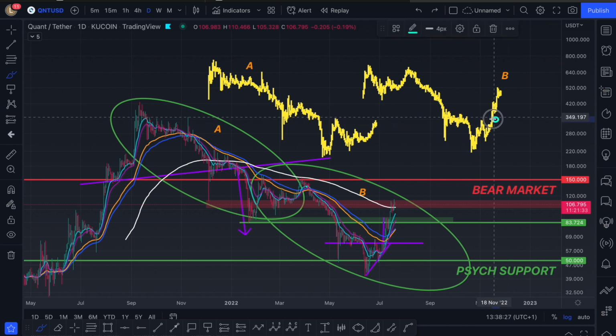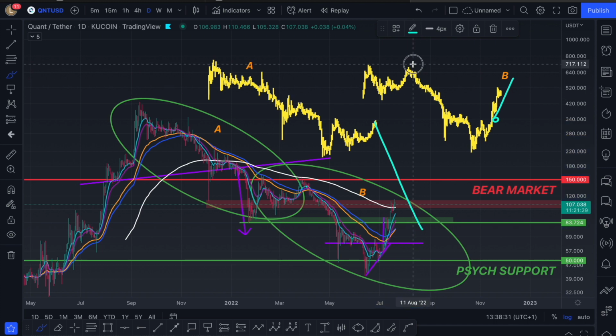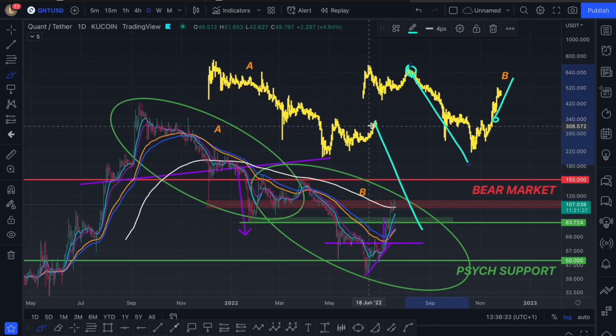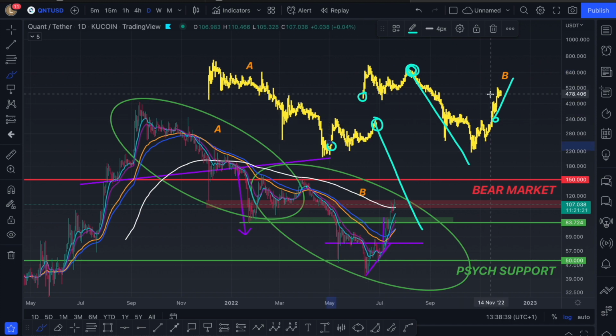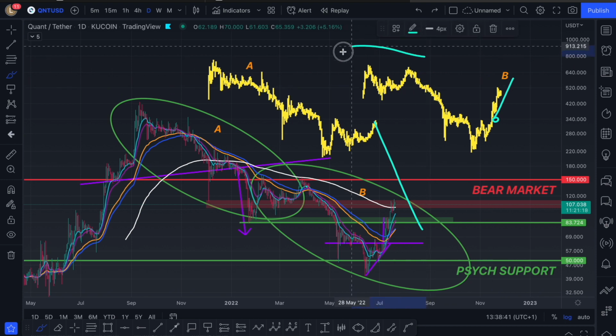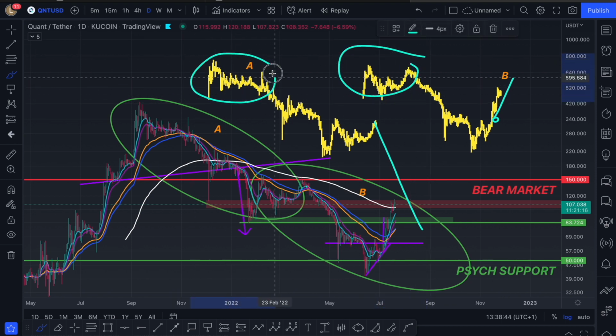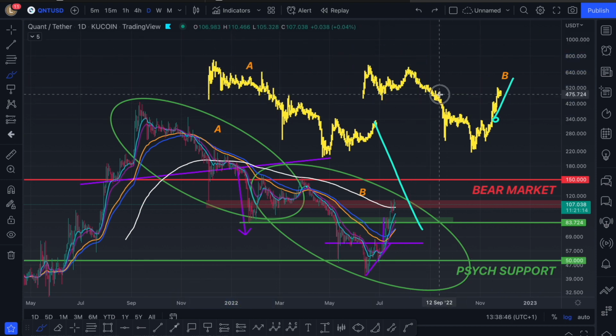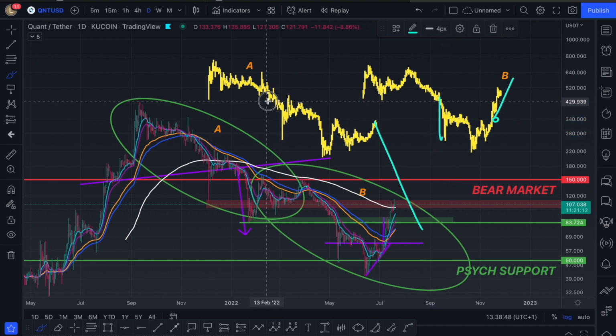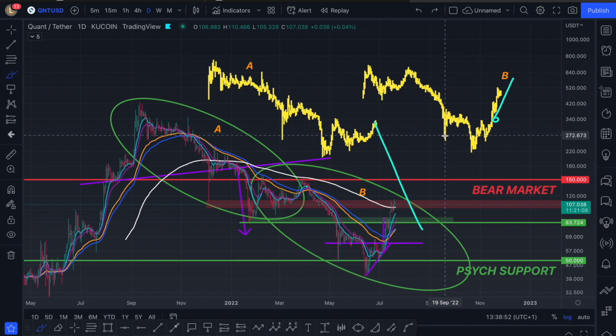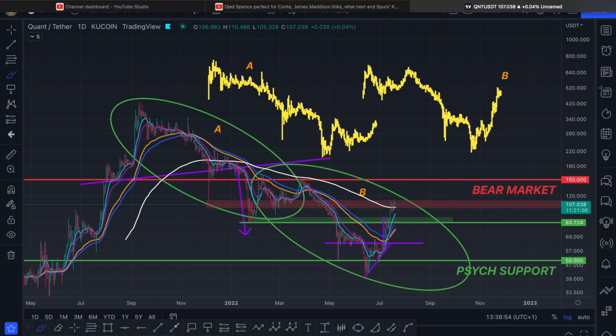The only difference is we've broken out bullish on this attempt, where here we actually went down bearish, and it was from here onwards. So this point here is that point there, and this point here is this point there. They're overlapping, but it's the exact same pattern. We can take that this here is this with the double top basically, and then we've got a double bottom that actually panned out. So this is why I can tell you guys, in fact, yes, we are bullish.